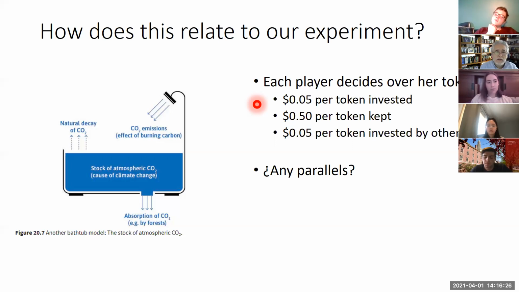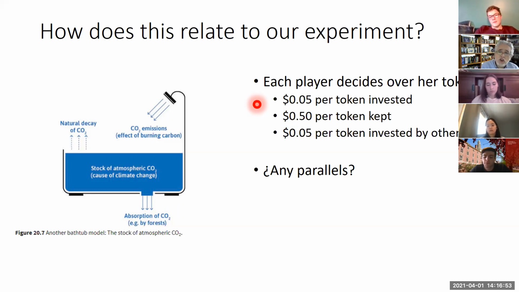Yep, exactly. So think again, when I was saying that every token that you invest implies an opportunity cost of 45 cents, which is a lot compared to the 5 cents for you from investing that.